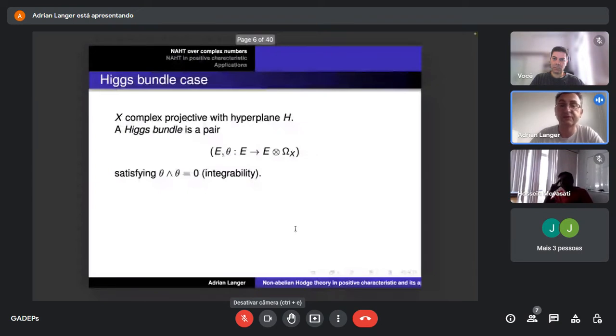So we should really have a Higgs subsheaf of our Higgs sheaf. If for all Higgs subsheaves we have this inequality for slopes, then we say that this is slope semi-stable. There is also a notion of stability, which has strict inequality for subsheaves of rank strictly smaller than the rank of our sheaf E.